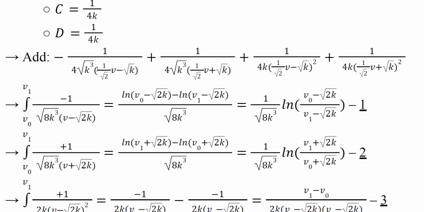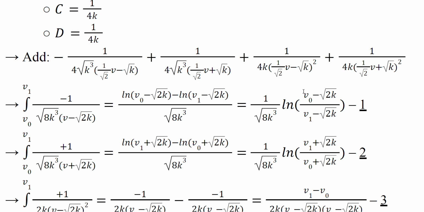If you apply it to 1 by root 2v, it becomes 2 root 2v, and then this just becomes root 2k, because we've taken root 8k cubed outside. And then this is basically a constant, so it comes out again, as you can see here. And then the integral of minus 1 by x is minus ln x.